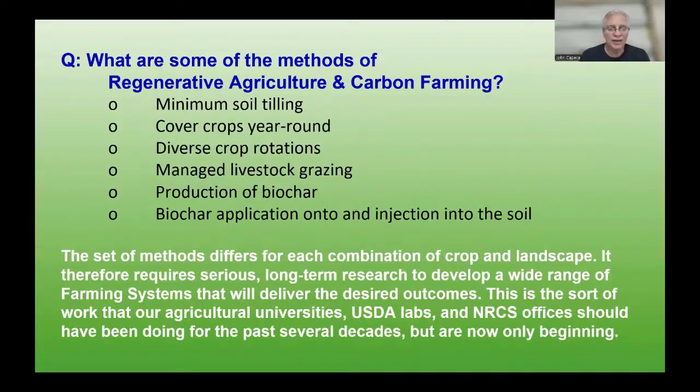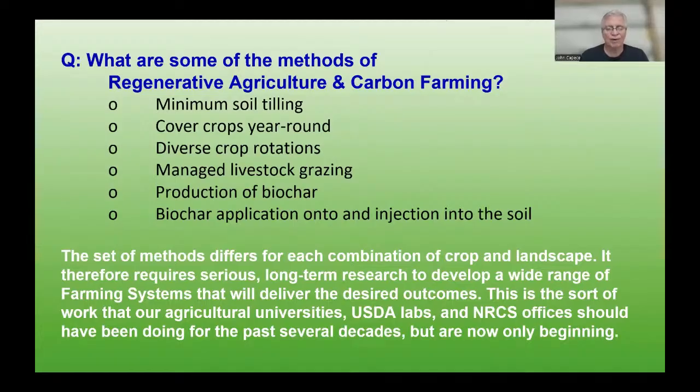Therefore, moving towards regenerative agriculture requires serious long-term research to develop a variety of localized farming systems that reliably deliver carbon storage and ecosystem health. Honestly, this is the sort of work that our universities, land grants institutions, our USDA labs, and our regional NRCS offices should have been doing for the past several decades.